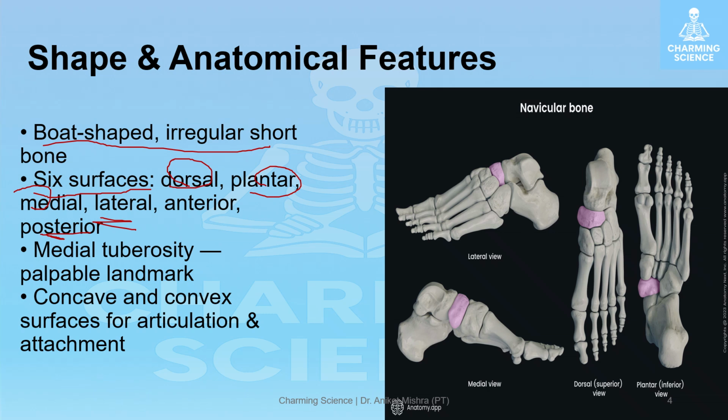The anterior surface is convex and divided into three facets which articulate with the three cuneiform bones. These features allow the navicular to support the arch of the foot and serve as a point of attachment for ligaments and tendons, and enable efficient force transmission during walking and running.